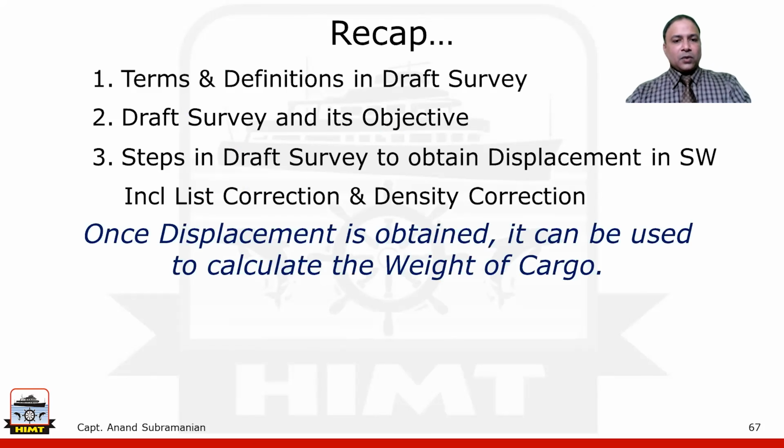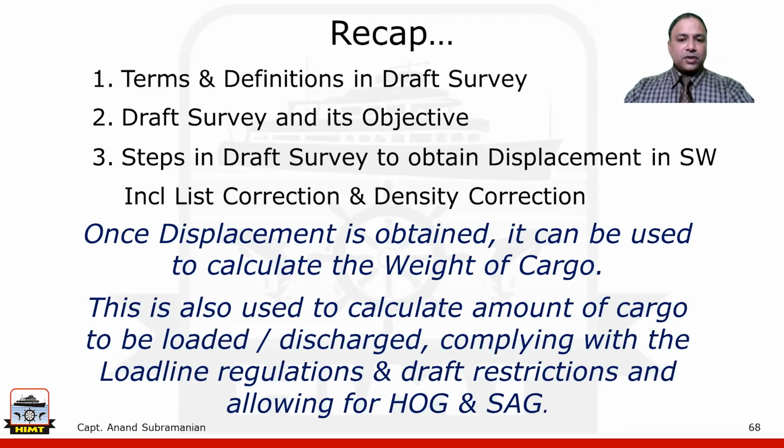Once this displacement is obtained, it can be used to calculate the weight of the cargo and all the other calculations. This is also used for calculating the amount of cargo to be loaded or discharged in compliance with various load line regulations and draft restrictions, and also allowing for the hog and sag. Those calculations will generally be taken up in another video. What we have seen just now is how to calculate the displacement of the ship.